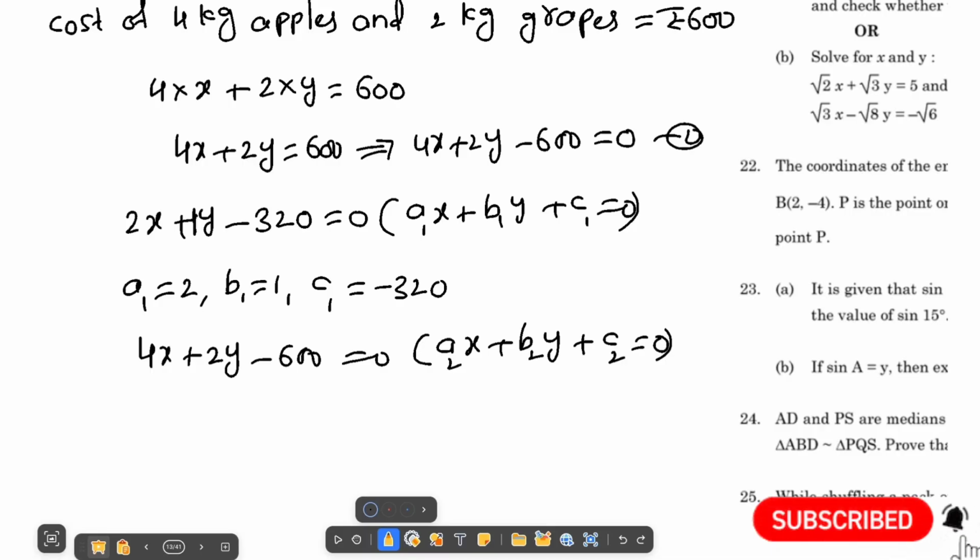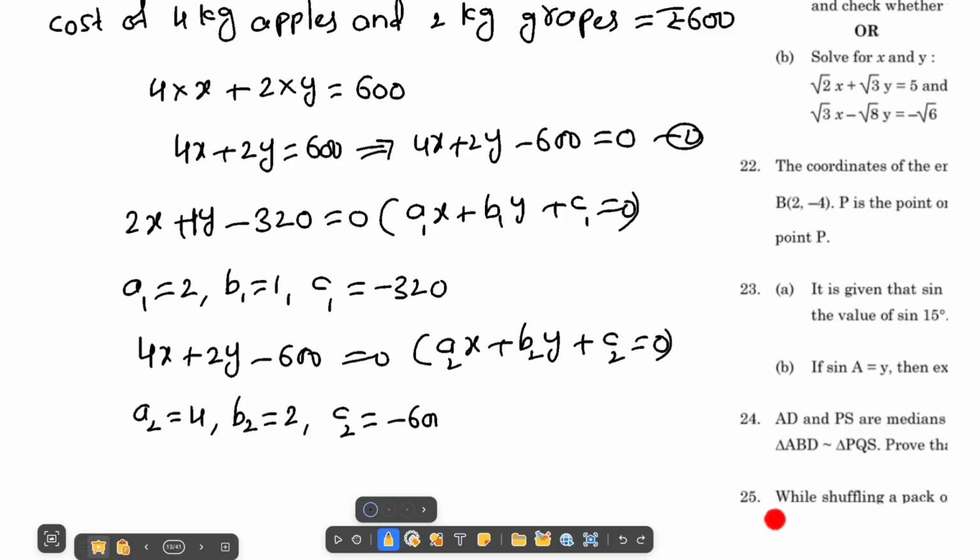Now the coefficient of x, a2, is equal to 4, the coefficient of y, b2, is equal to 2, and the constant term c2 is equal to minus 600.